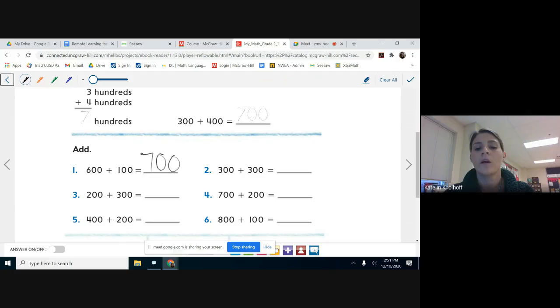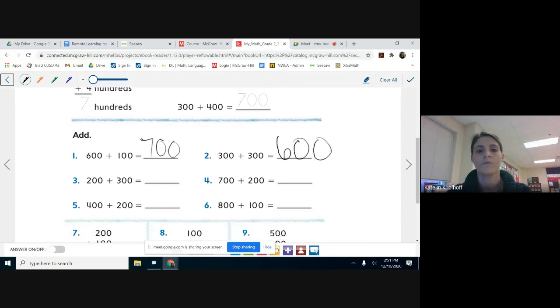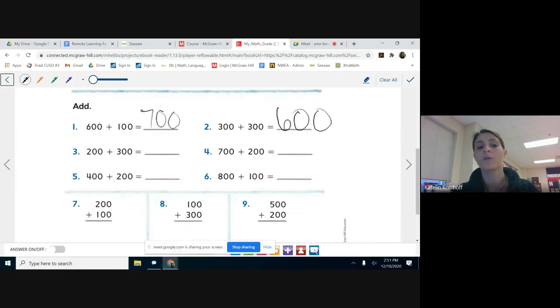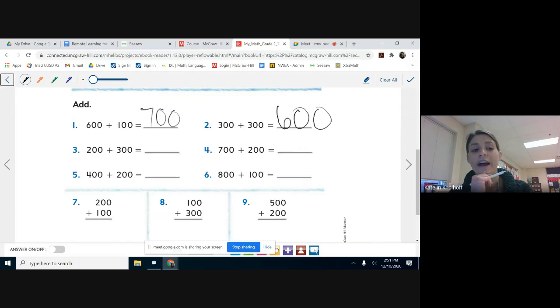For number 2, if we know that 3 plus 3 is 6, then we know that 300 plus 300 equals 600. Let's look at number 3. If you know the fact 2 plus 3 equals 5, then you know that 200 plus 300 equals 500. We're just adding the 2 zeros onto them.